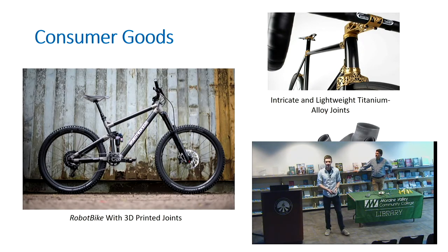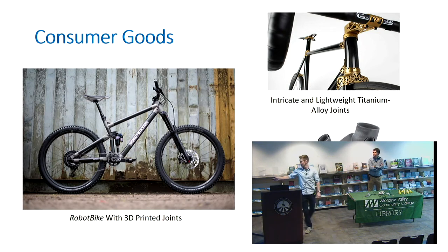Another industry that's really booming is high-end custom bikes. The company Robot Bike has a program where you can enter in specific dimensions that you want for your bike, and then based on those few simple dimensions, the joints are created and printed exactly for the bike that you specified.